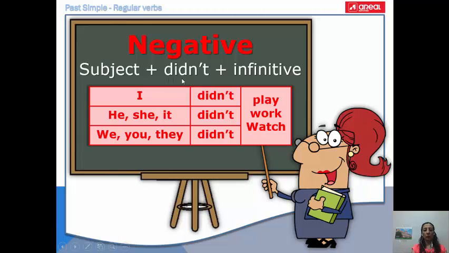So it becomes the short form didn't. Then we put the infinitive verb. I didn't play. He didn't work. We didn't watch. Okay, so we have the subject plus didn't plus the infinitive verb to make a negative sentence in the past simple tense.